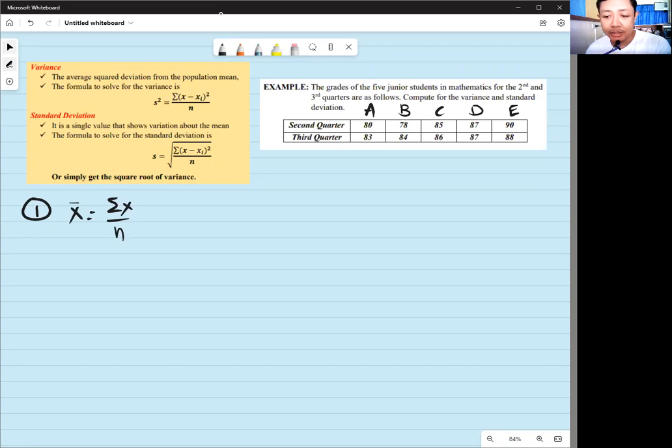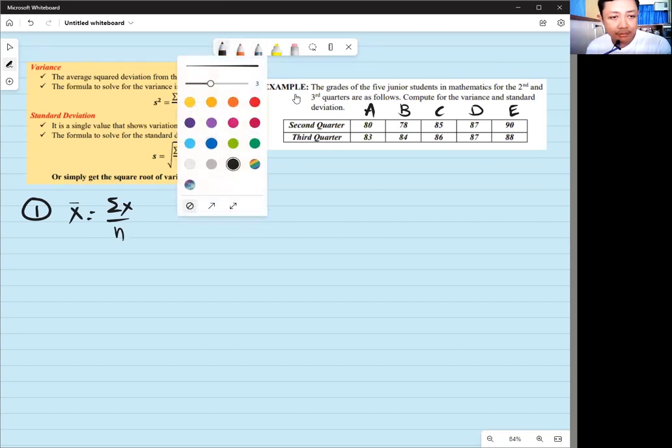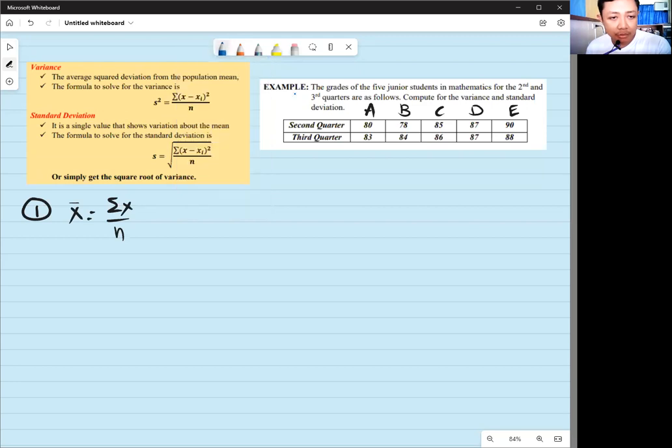Okay, so we will have 2 sets of values here. I'll use blue for the second quarter, and I'll use orange for the third quarter. So for the second quarter, here it is, and the third quarter will be here.